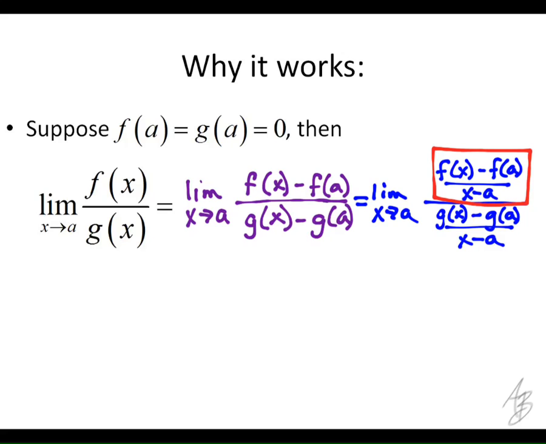So what we have on top is f prime of a. And what we have on the bottom is g prime of a. So by doing this manipulation, we can change this limit right here into this quotient right here that actually doesn't even involve a limit.